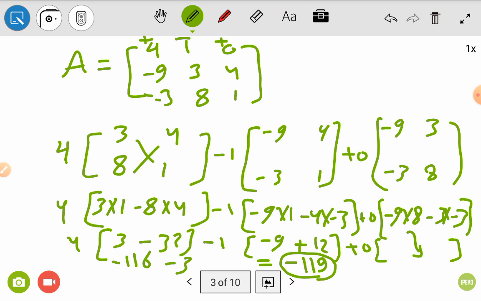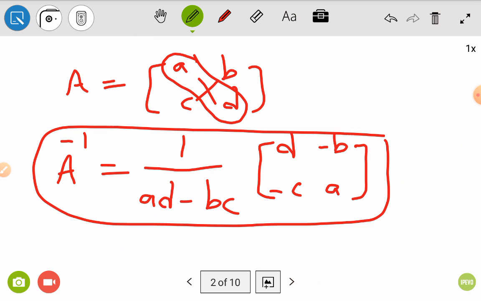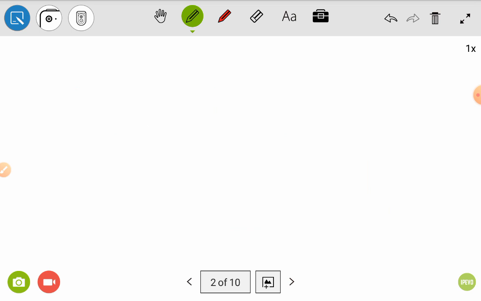Now, if I give you another example, evaluate the value of this matrix: 2, 1, 7, negative 5, 6, 0, negative 4, 3, 1.